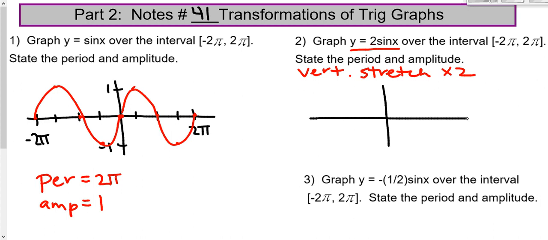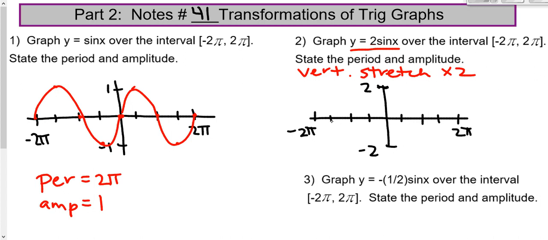Okay, so we're graphing that. Well, I didn't give myself a whole lot of room to make this look taller than my other one, but what I can do is just change my scale. So I'm going to go up to 2 and down to negative 2 on my y-axis. If you want, you can make your graph look taller by making your 2 and your negative 2 farther from your origin compared to how I'm doing mine.